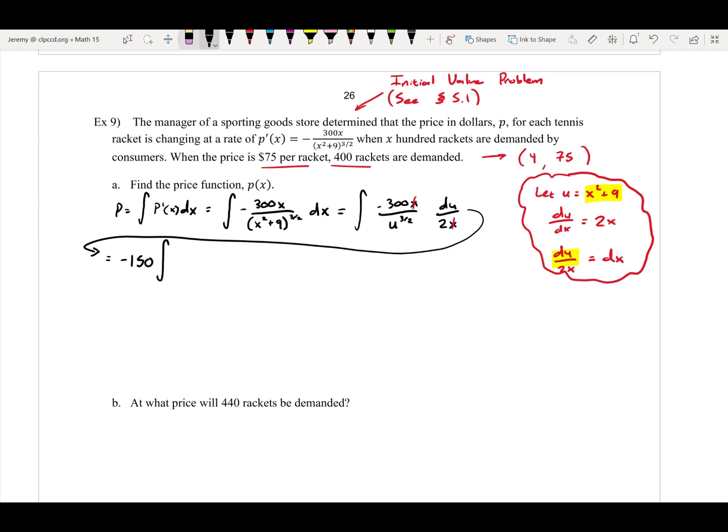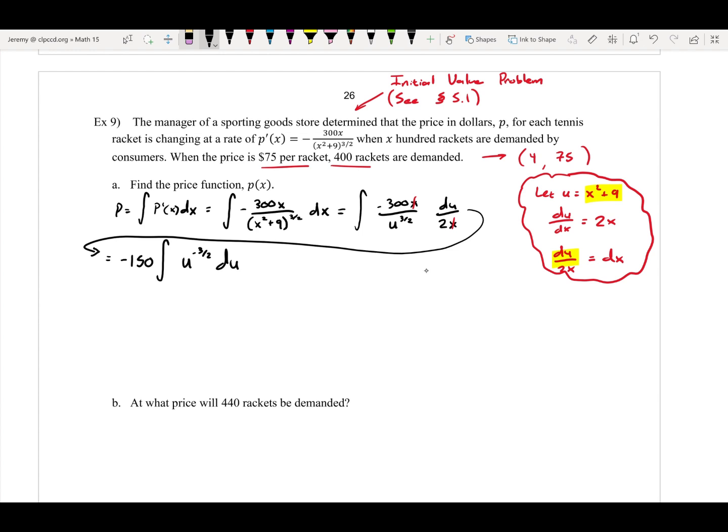And left on the inside is just 1 over u to the 3/2, or I'll just write that as u to the negative 3/2, setting up for the anti-differentiation power rule, du. All right, just looking over my work, making sure everything looks good. I think we're okay.